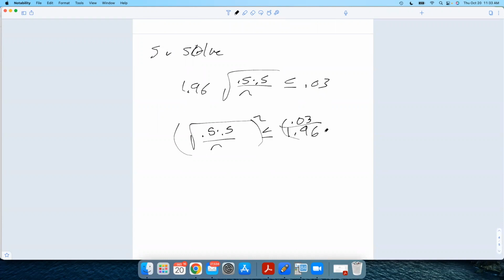Everybody's positive, so I don't have to worry about flipping anything. The square root and the square cancel each other out. Now I'm trying to get this n by itself, so I would multiply the n up over here.